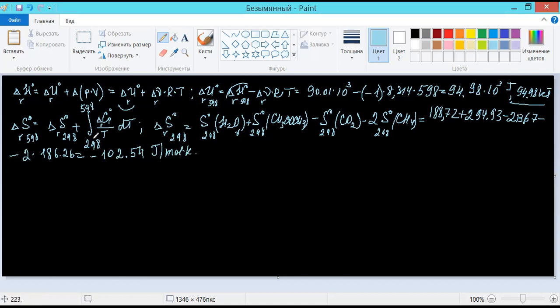As for this integral, it's very easy for calculation. Instead of delta Cp of the reaction, we can write down the equation which we have derived previously.